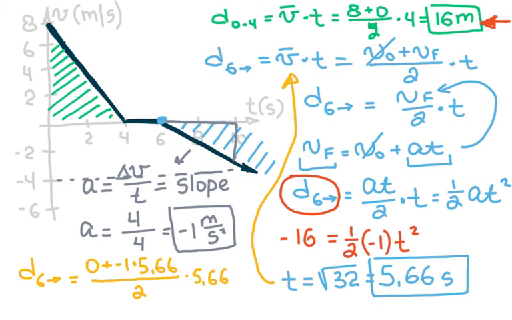So from here you would see that the distance traveled in the negative direction is negative 16 meters. In other words, it would take you 5.66 seconds to travel with the speed that it has, or acceleration that it has, after 6 seconds to get back to the original position.